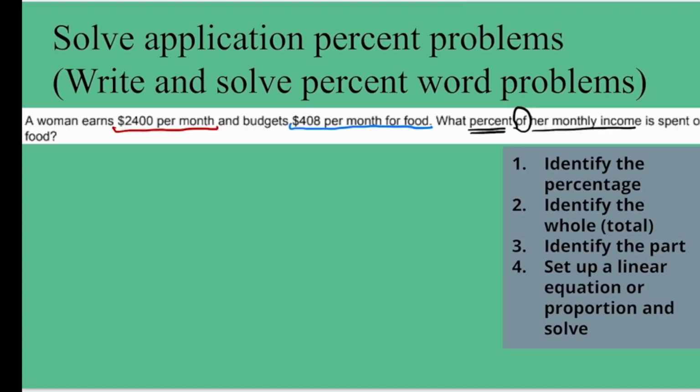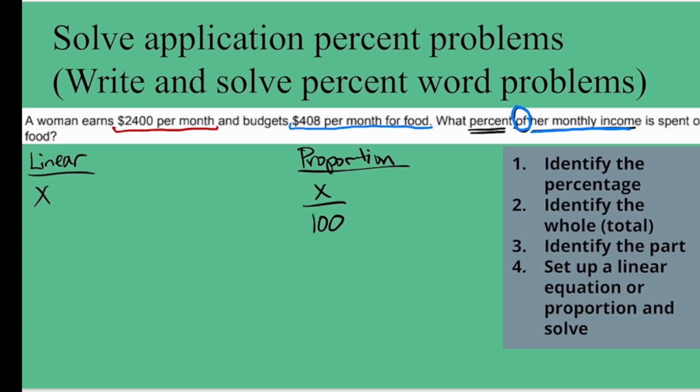So I know I don't know what the percent is. So we'll do this both ways again. Linear, proportion. I don't know what the percent is, so that's going to be my x. So x over 100. The of tells me my total. So my total is going to be my income.